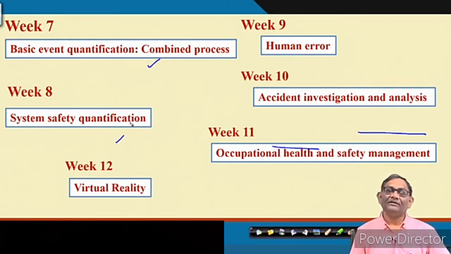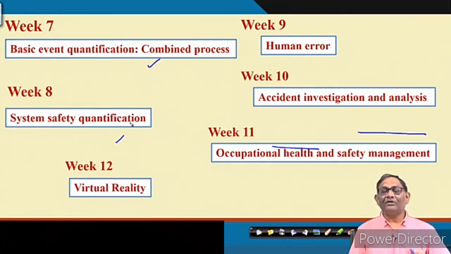So you have seen what human error is. You found that there are classifications given by psychologists in terms of slips, lapses, mistakes, intentional violations, and unintentional mistakes.